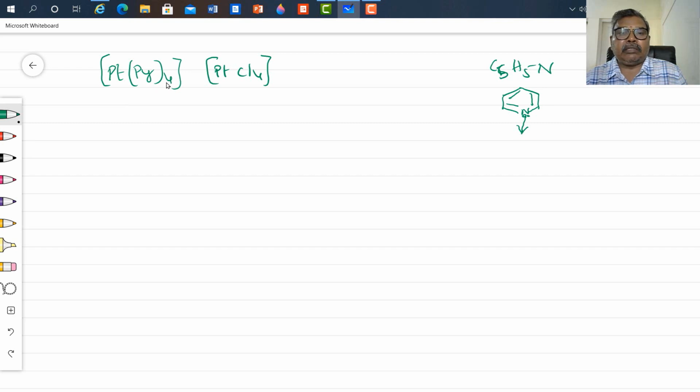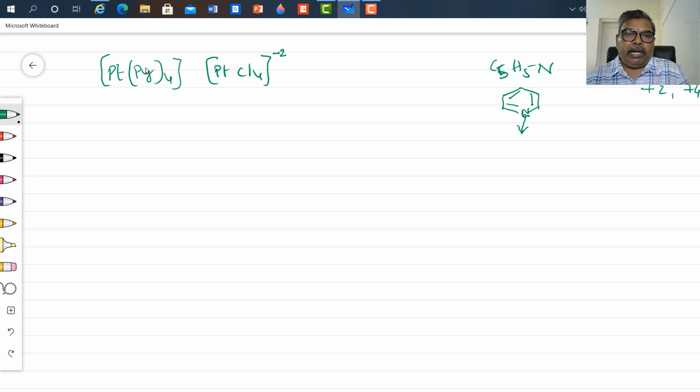And we have to check the oxidation state. Platinum, as I already told you, may exhibit either +2 or +4. If you take Cl as -1, four of them, so if platinum exhibits +2, then its charge will be -2.